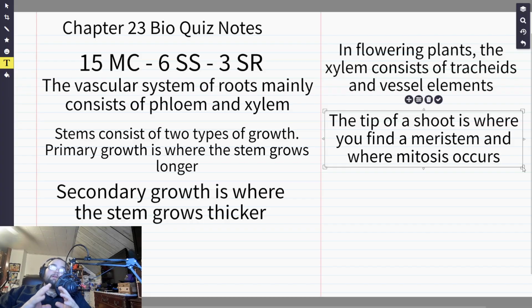Now, if you remember, meristems are the parts at the tips of stems and the tips of roots that allow them to grow longer and stronger, continue to cycle that process of making more and more. That's where you'll find them at the tip, and the tip is where mitosis occurs.